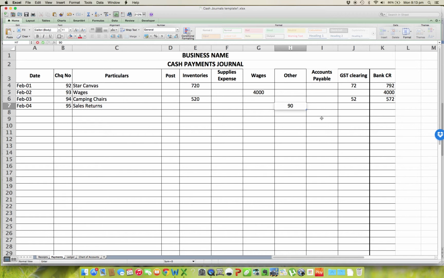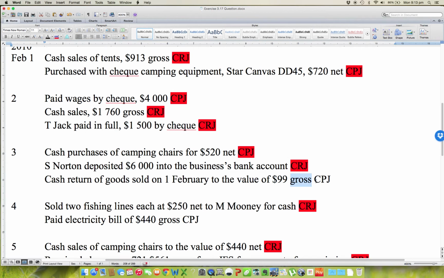It's $99 gross, so divide 99 by 11, that gives you $9, which means 90 is what goes into our other column. The full 99 comes out of our bank account. Be sure to highlight that one.